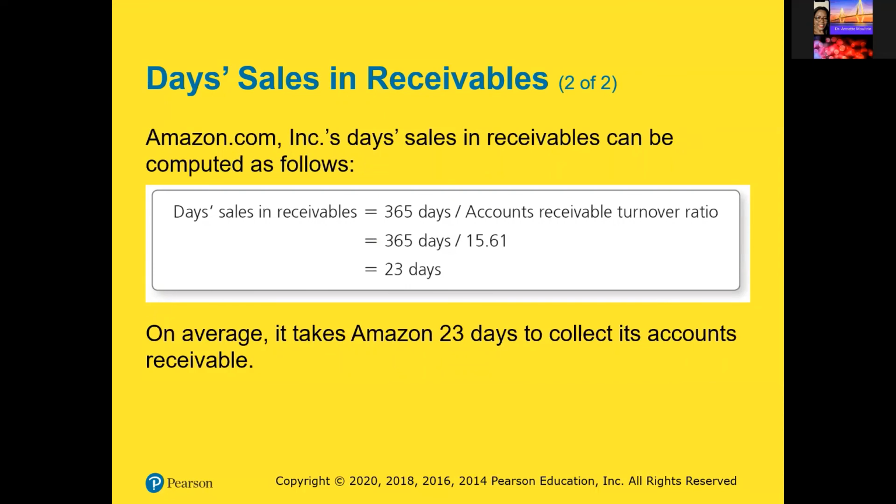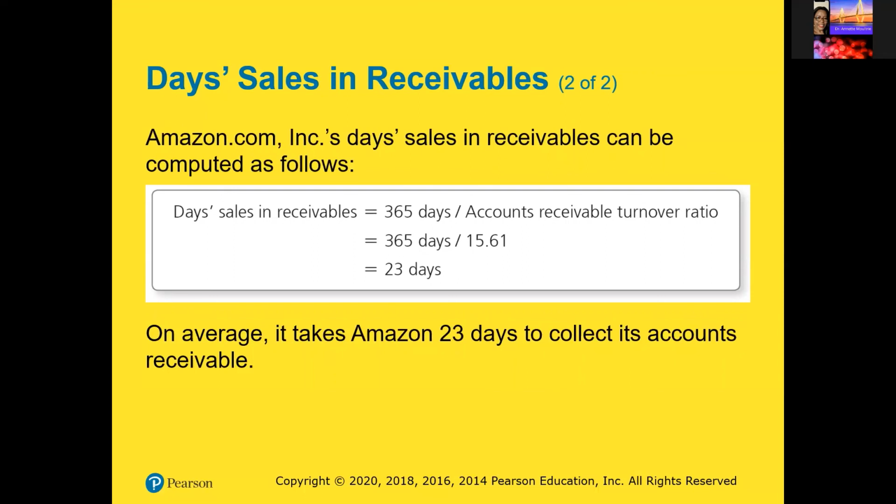Here in this example, Amazon's days sales in receivables can be computed as 365 days divided by the accounts receivable turnover ratio. So on average, it takes Amazon 23 days to collect its accounts receivable.